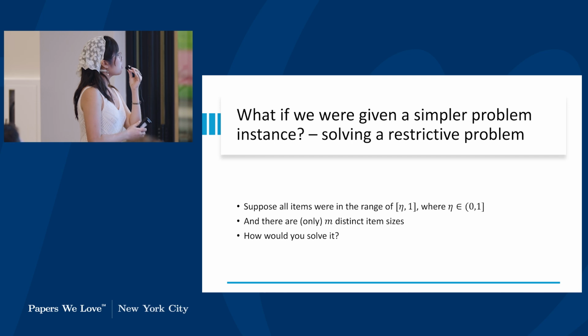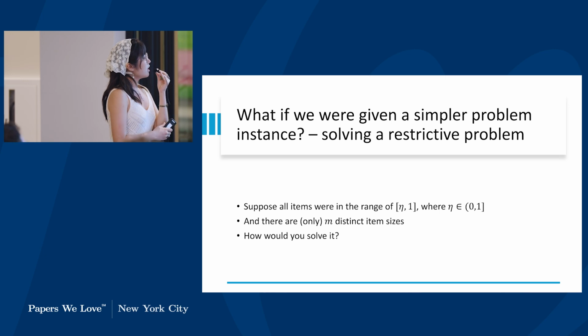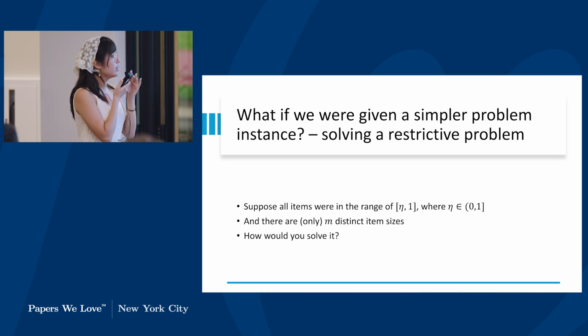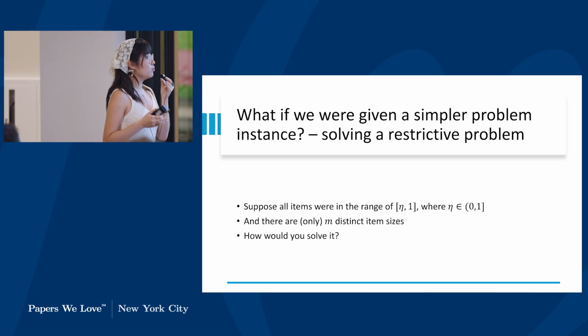So let's talk about the second point, solving a restricted problem. What if we were given a simpler problem? That means if all the items that we have to put into bins were from the range of eta to 1, where eta is some real number between 0 and 1.